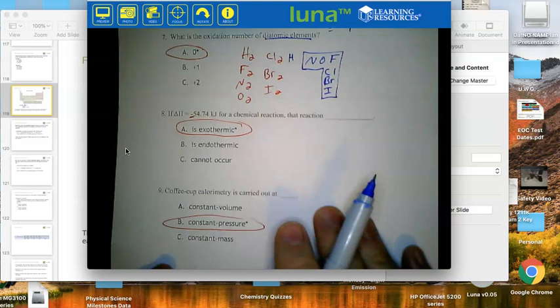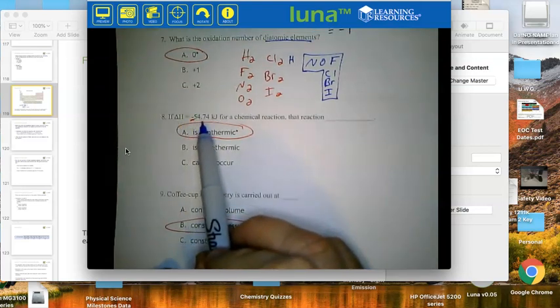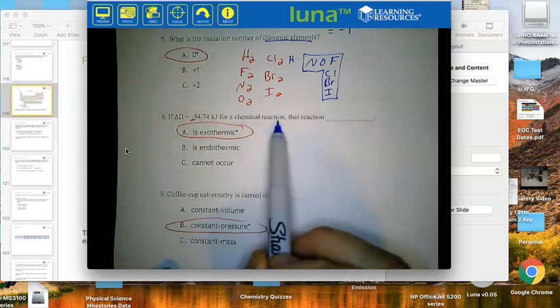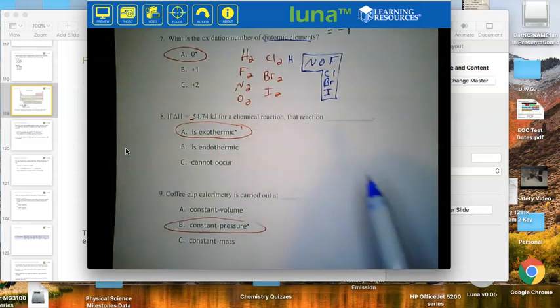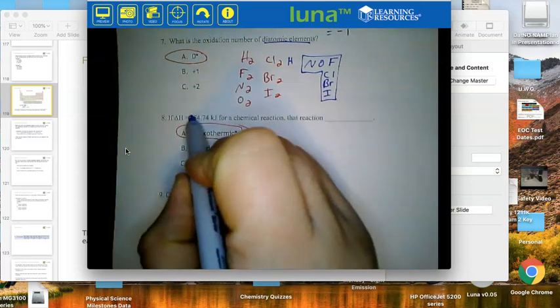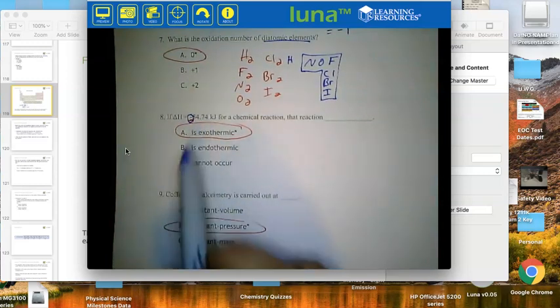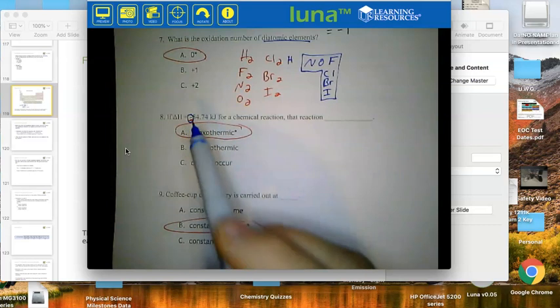All right, so it says here if the change in enthalpy is negative 54.74 kilojoules for a chemical reaction, that reaction is either endothermic or exothermic or cannot occur. So if it has a negative change in enthalpy, it's always exothermic. Okay, if it's positive, it's endo.